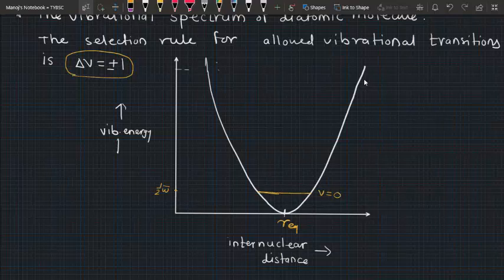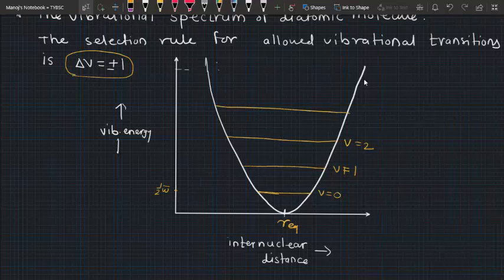As the molecule absorbs more energy, the molecule's bond length can increase. So you can see this is the increase in the bond length. Try to understand this phenomenon. This is v equal to 1, v equal to 2, v equal to 3, v equal to 4.